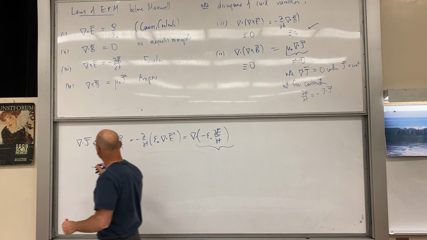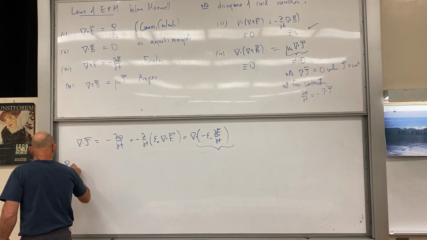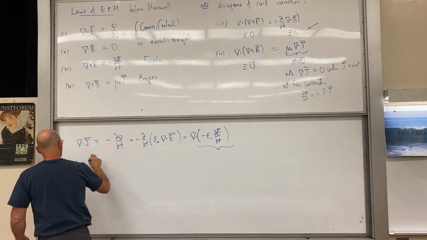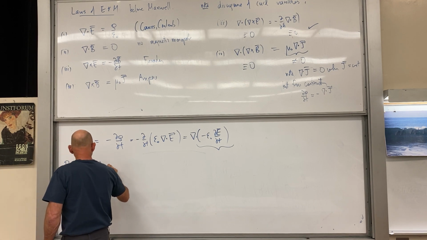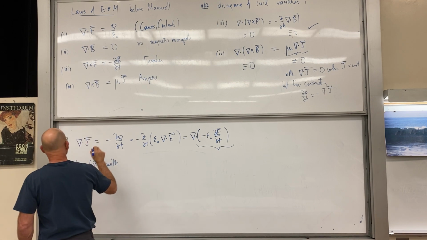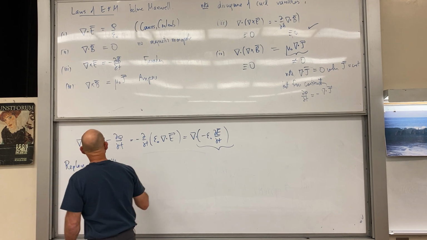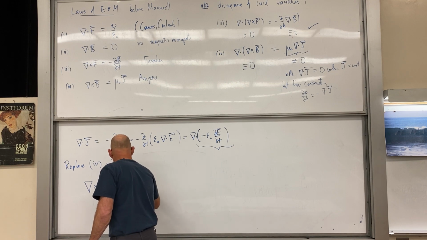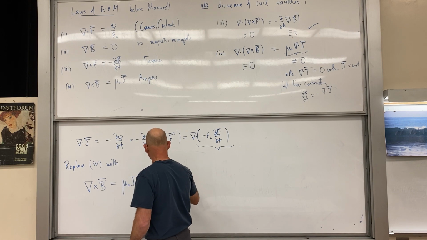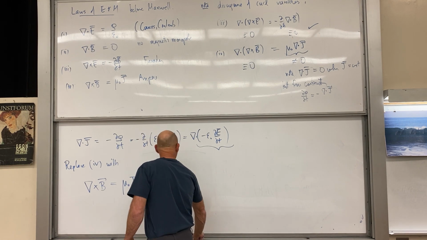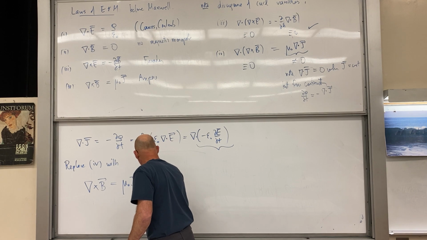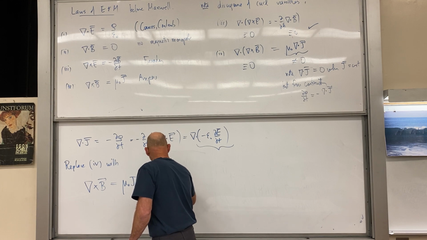So replace equation 4 with the following: curl of B equals mu naught J plus mu naught epsilon naught dE dt.